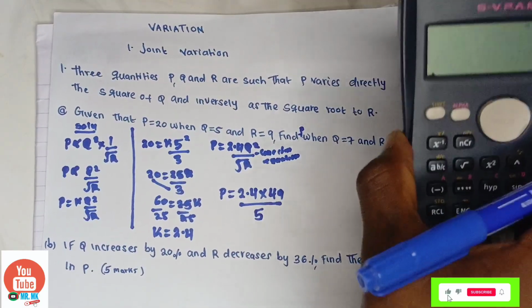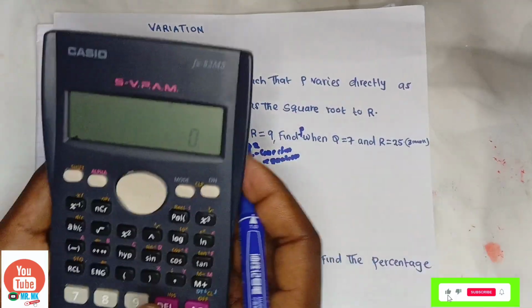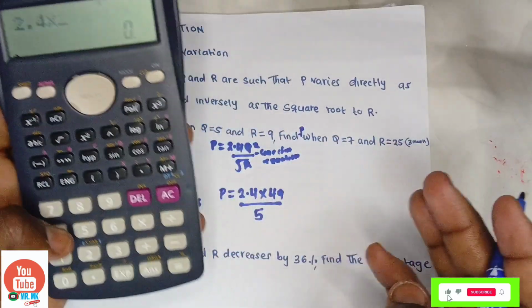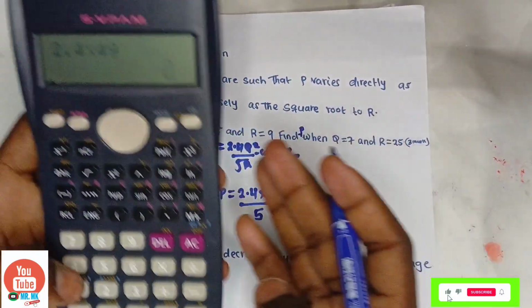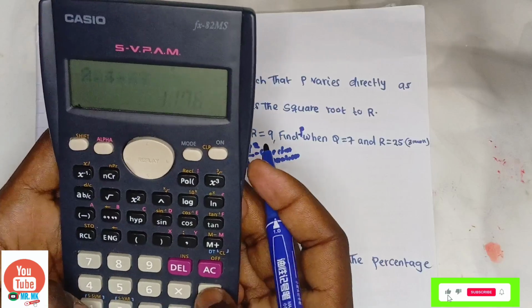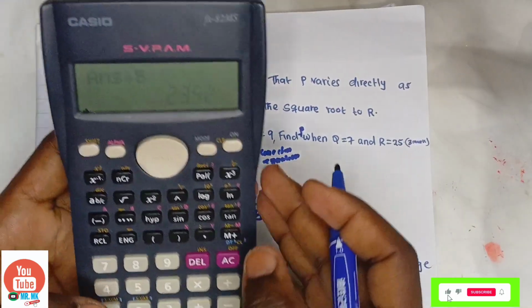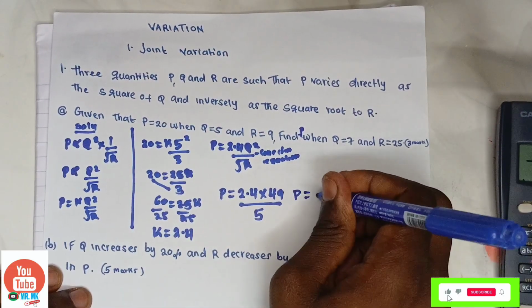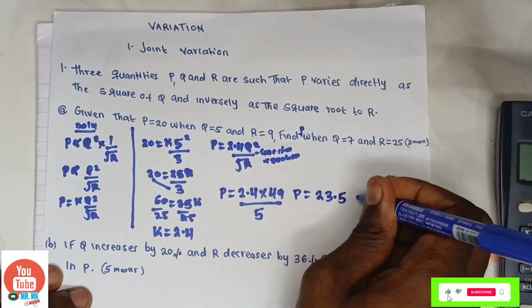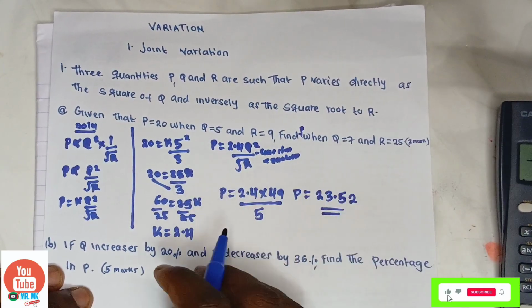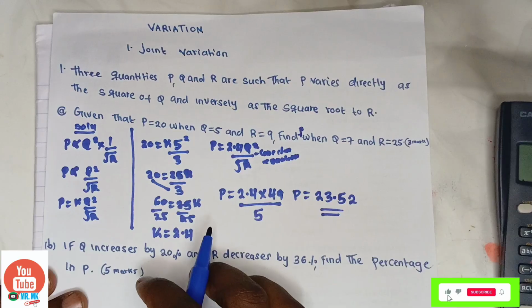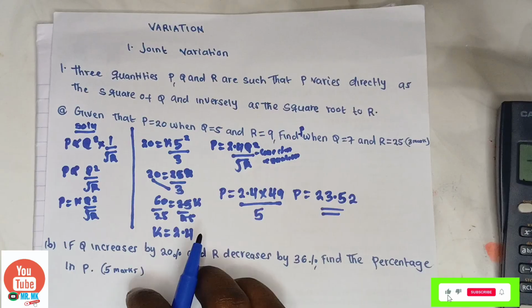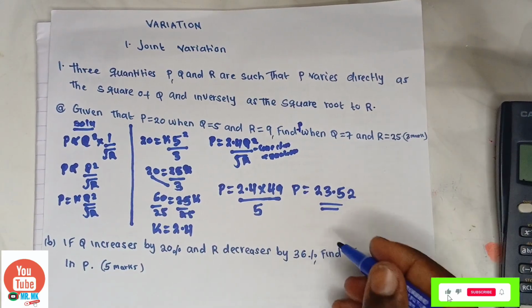So 2.4 times 49 divided by 5 is 23.52. The value of P is 23.52. I think that was 3 marks.